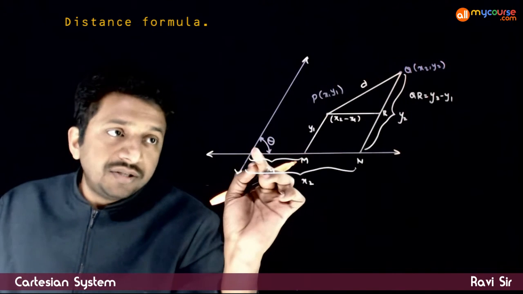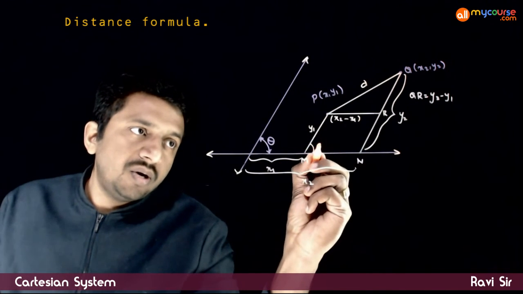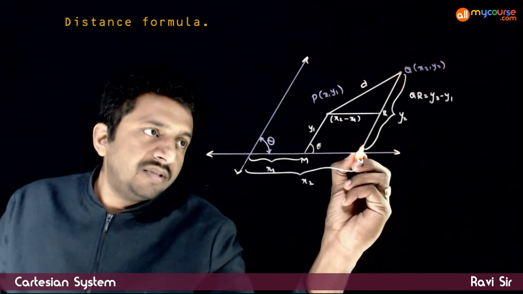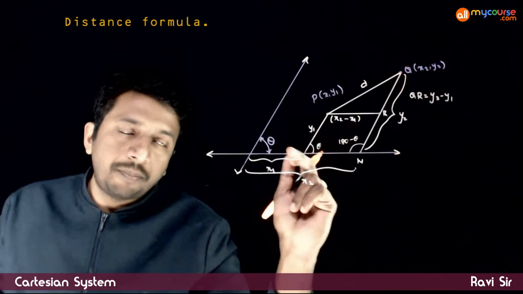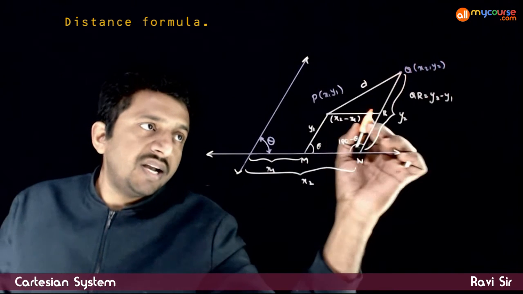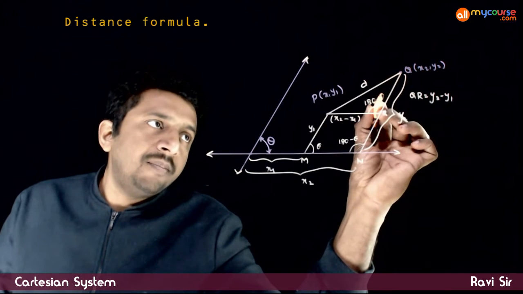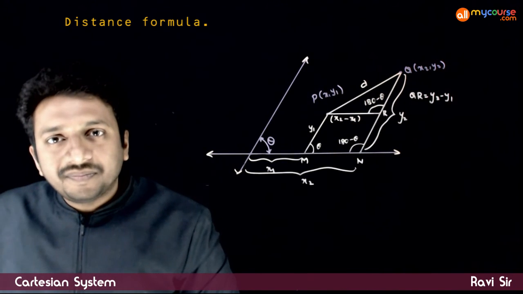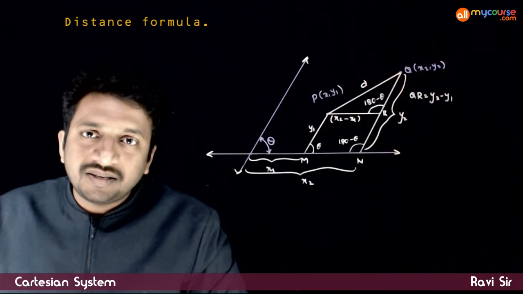Now as you know, if this angle is theta, this angle is also equal to theta. This angle is 180 minus theta because it's a parallelogram. So if this is 180 minus theta, this angle is also equal to 180 minus theta.